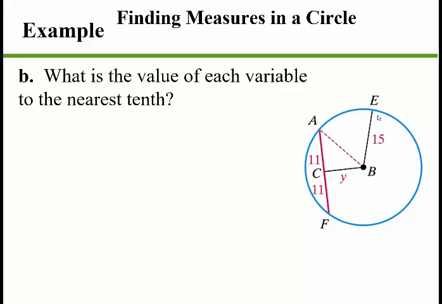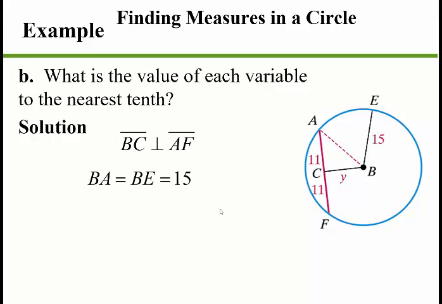It might not seem obvious at first, but BE is congruent to BA because they're both radii. What I also see is that BC is perpendicular to AF here, like this. So BA is equal to BE, which is equal to 15, as I said.